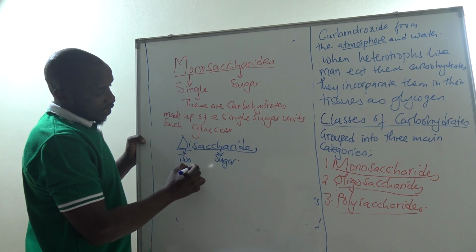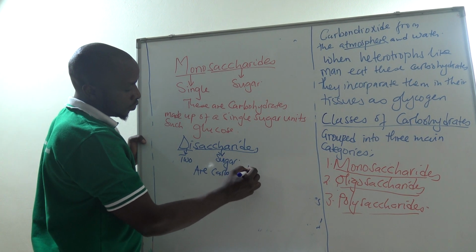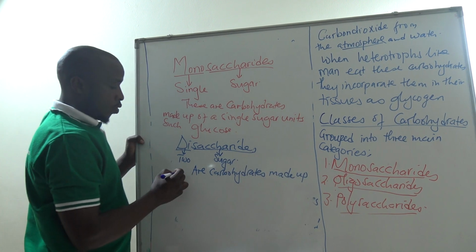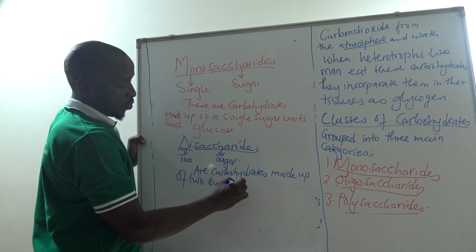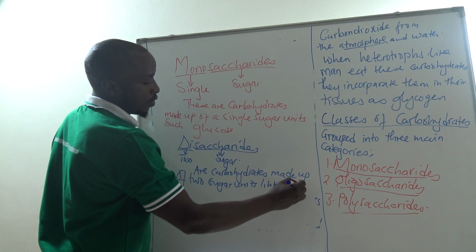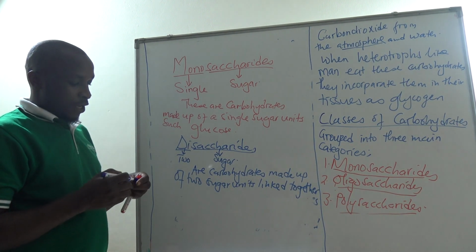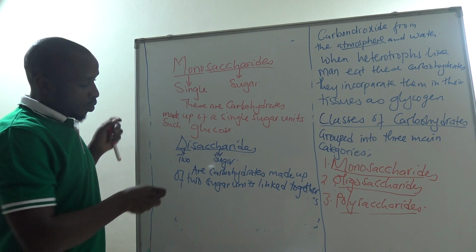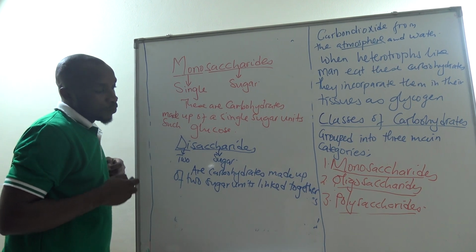Meaning disaccharides are carbohydrates made up of two sugar units linked together. We shall see which bond links the monosaccharides to create disaccharides. So all in all, disaccharides are made up of two monosaccharides.